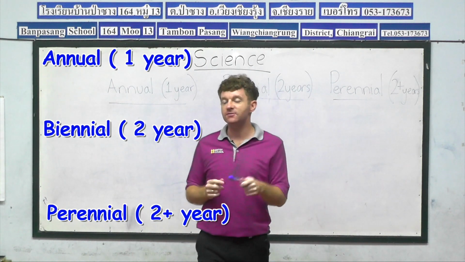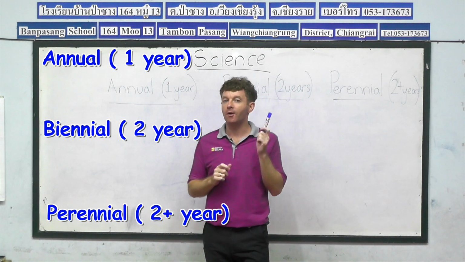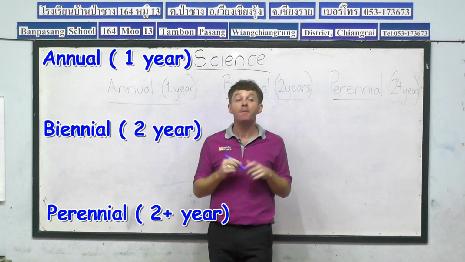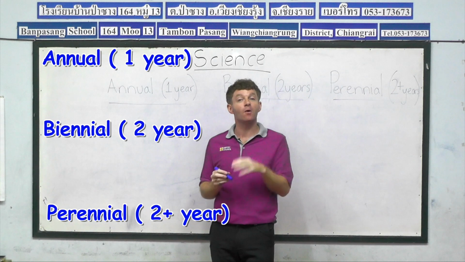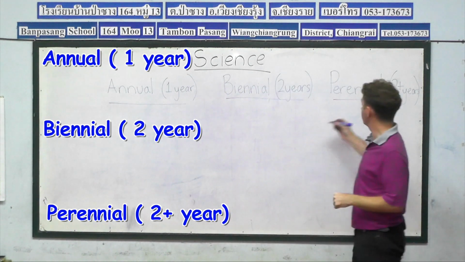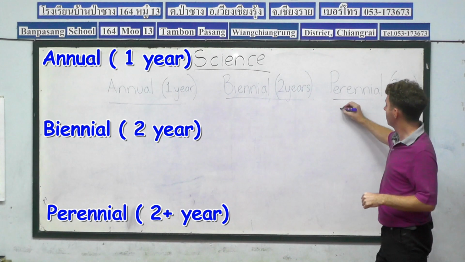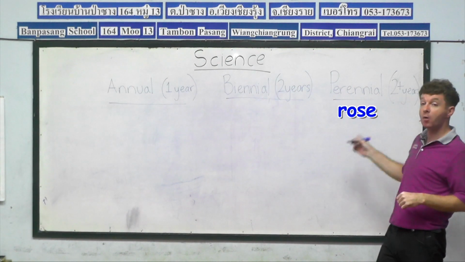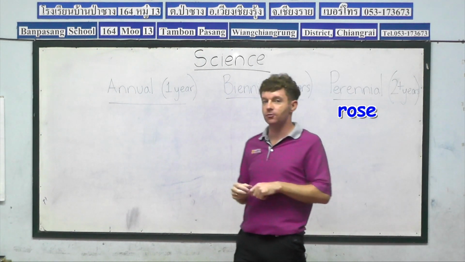So if I say to you the rose plant, what group of plants does the rose plant belong to? Perennial is right, because roses live for more than 2 years. So we can say, how do we spell rose, guys? R-O-S-E. A rose is a perennial plant. It lives for more than 2 years.